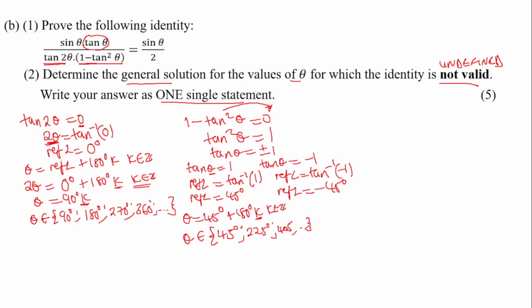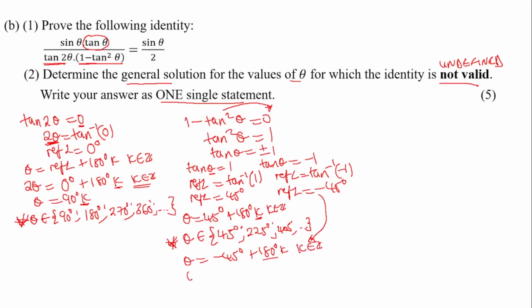And then come to this side, our reference angle on this one. We have theta is equal to -45 degrees plus 180 degrees times k, where k is an integer. Let's start with 0.